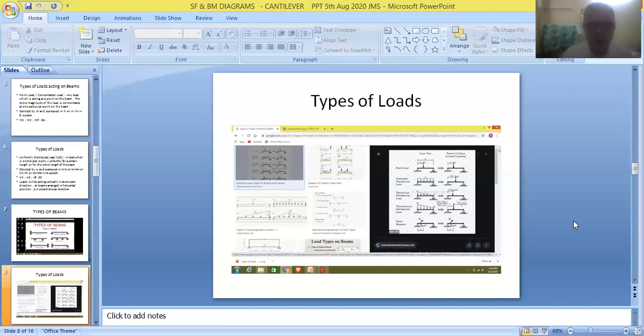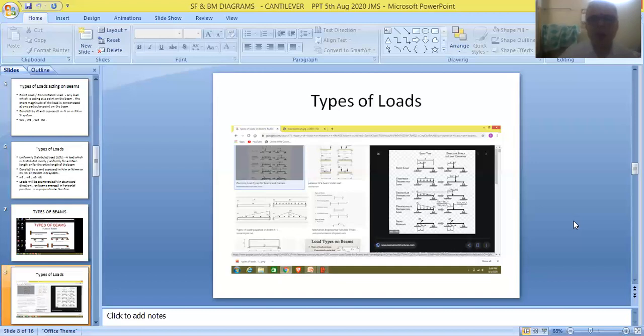In the beginning, we were talking about the types of loads. So we have to indicate the various loads acting on the beam. This is the way of indicating point loads, and this is the way of indicating uniformly distributed loads.